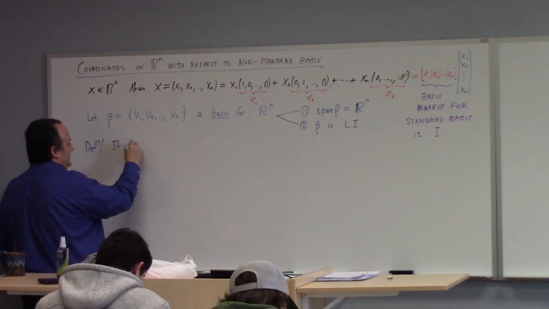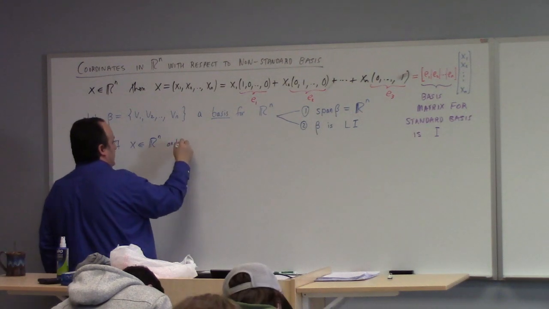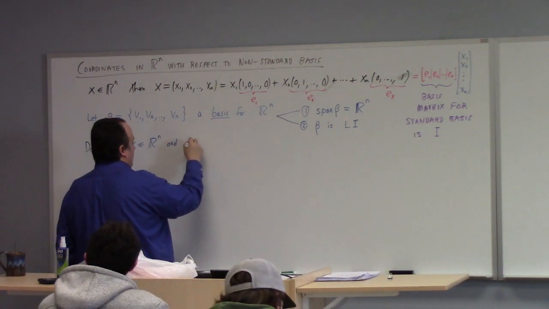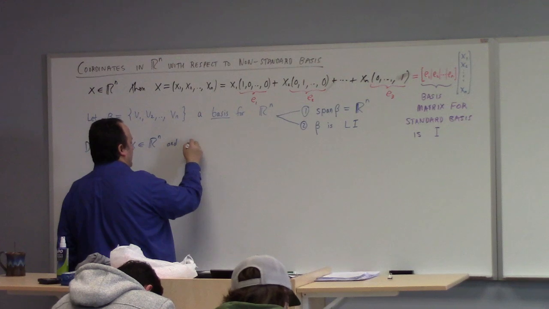If x is an element of Rn, all right, and let's say x bar, well, I don't know, I'm trying to decide on the notation here. I'm going to use C's for the moment.